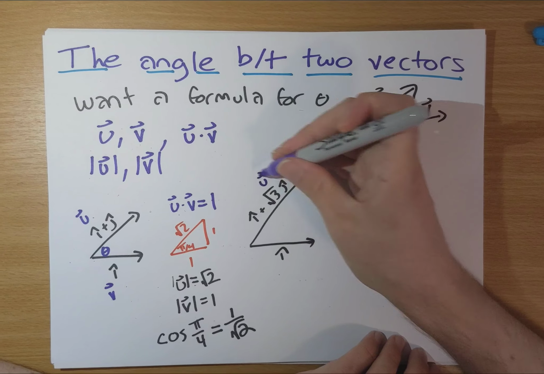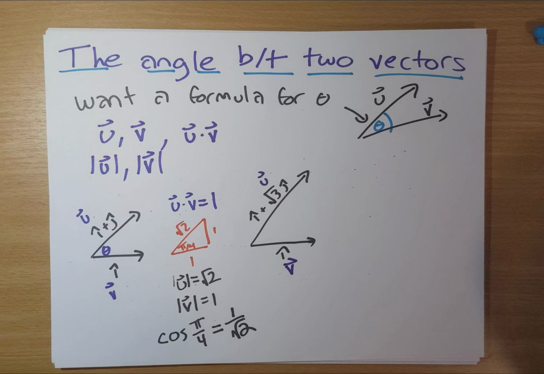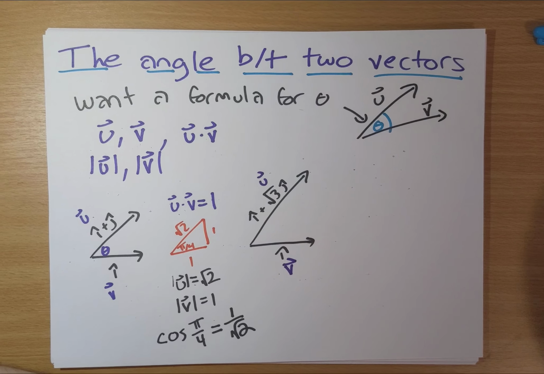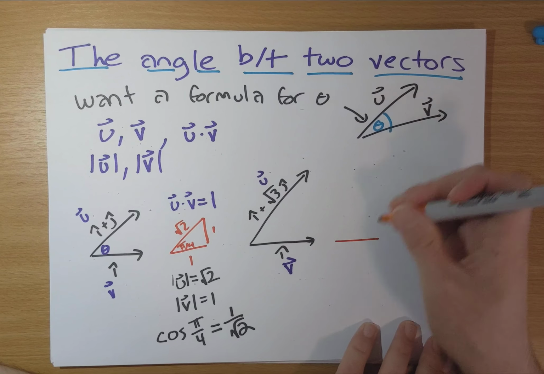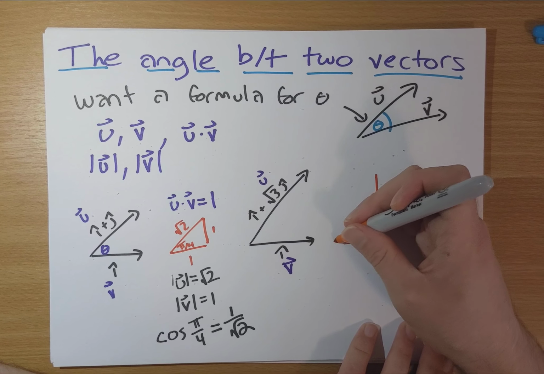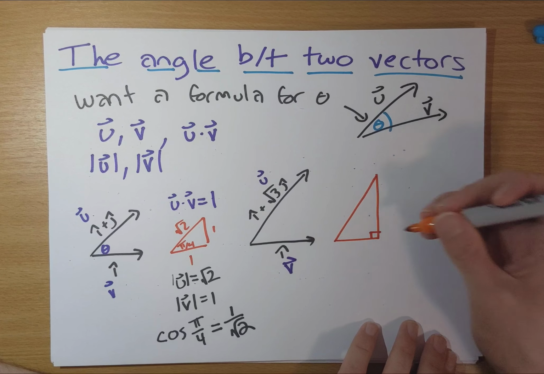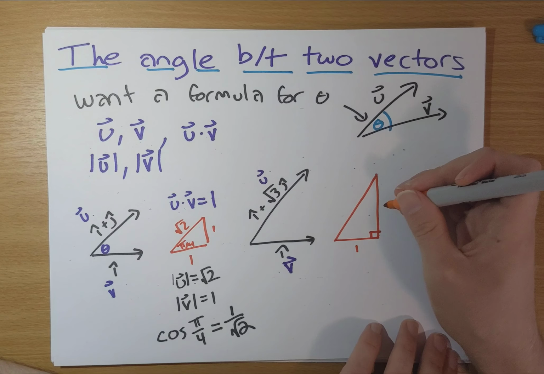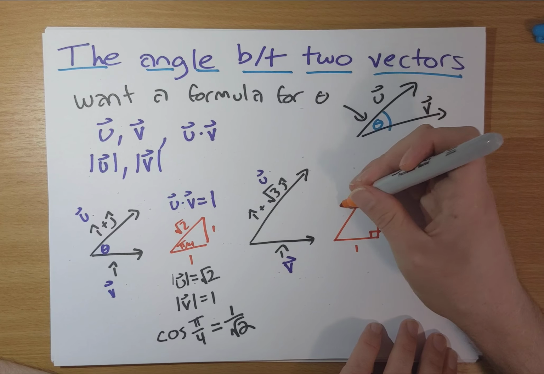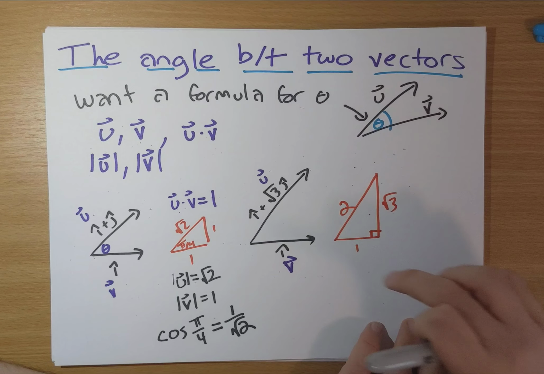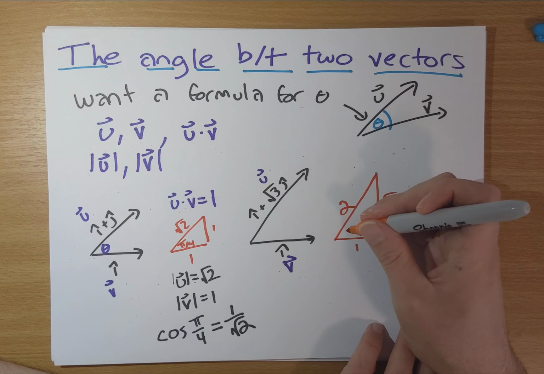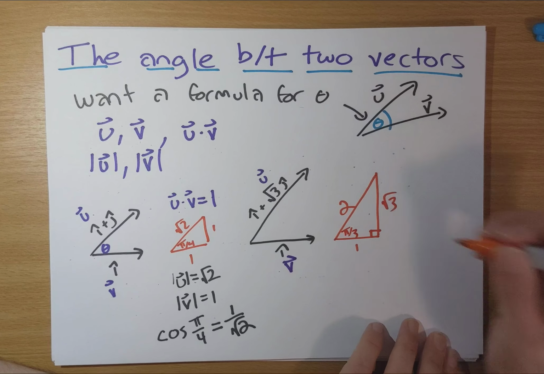Again, this will be u, and this will be v. So now our triangle is going to be the high school trick 30, 60, 90 triangle. 1, square root 3, and 2 are the lengths there, with this angle down here in radians being pi over 3.